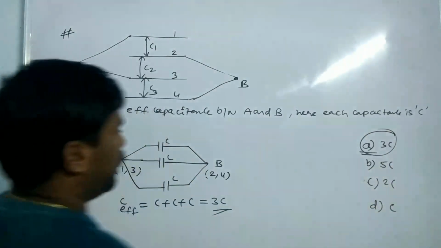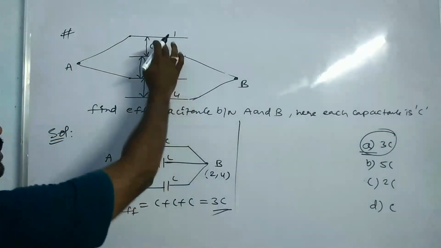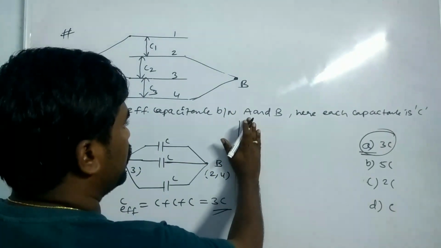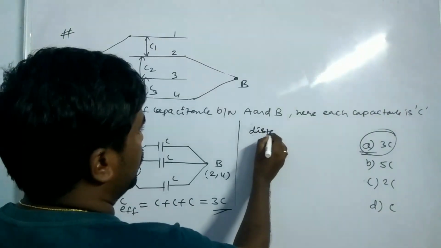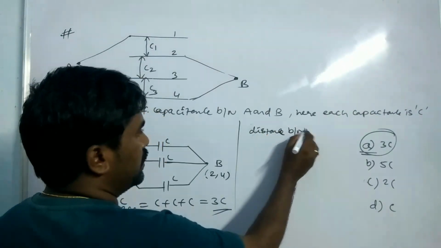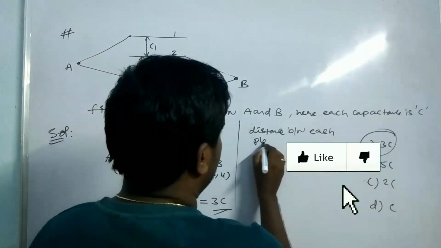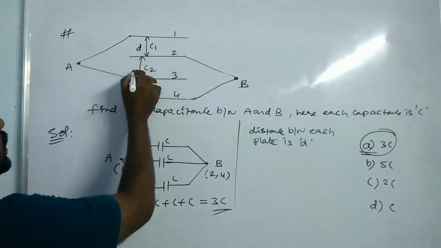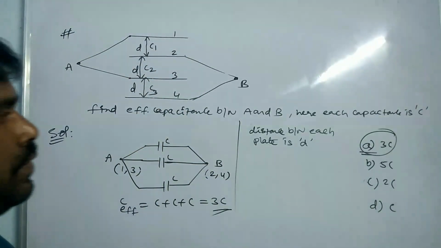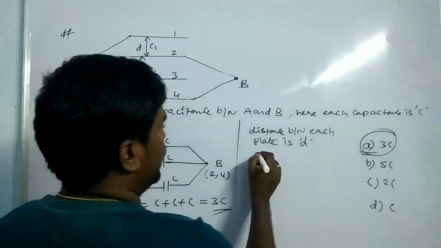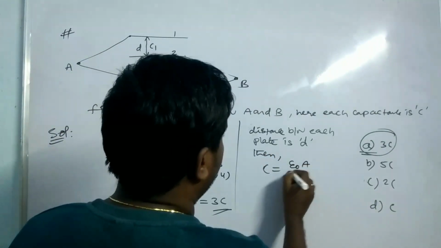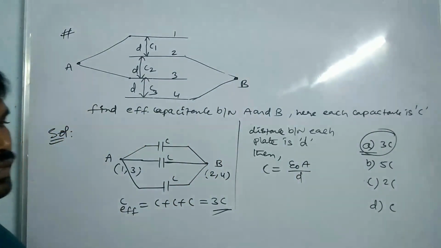Suppose the distance between each plate is D. Then capacitance C is equal to epsilon naught A by D, the capacitance of a parallel plate capacitor.